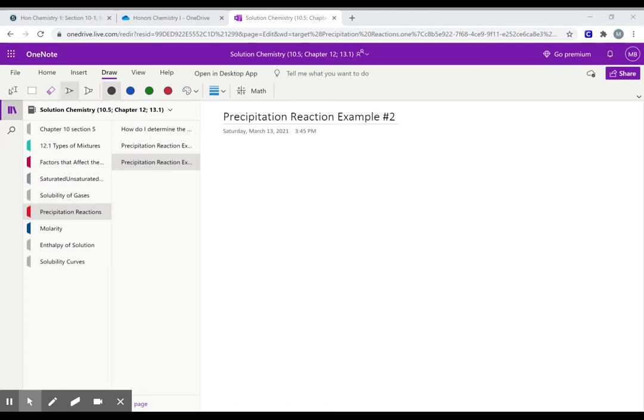And before they pause the video, let me show you what your reactants were. So you had a light blue copper 2 nitrate solution, and you had a clear colorless sodium hydroxide solution.